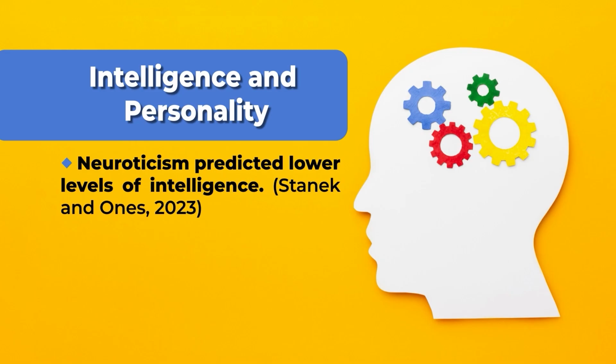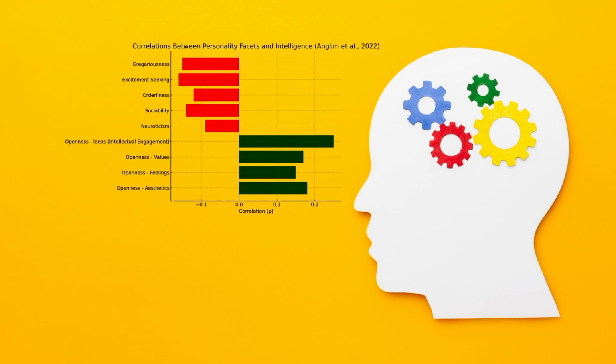Another study found that higher intelligence in early life was associated with higher conscientiousness and lower neuroticism in adulthood. A recent meta-analytic study by Stanek and Vance 2023 has shown that neuroticism predicted lower levels of intelligence. Likewise, conscientiousness, a measure of self-regulation and orderliness, correlated positively with overall intelligence.